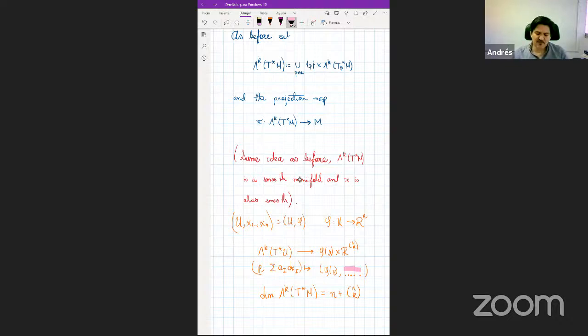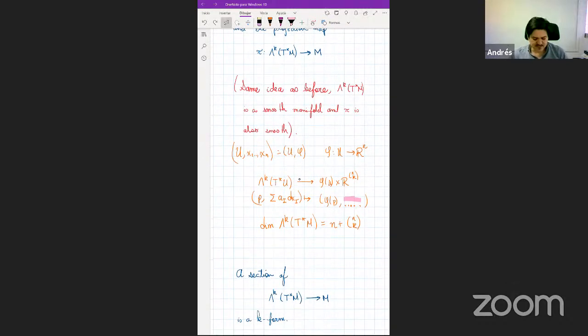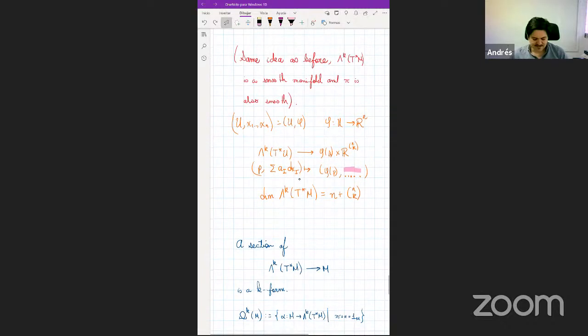So in that way, we will think of this as a smooth manifold of dimension n plus n choose k, and all of this a smooth map. Moreover, it is a vector bundle. And so precisely a section of this vector bundle is a K-form.